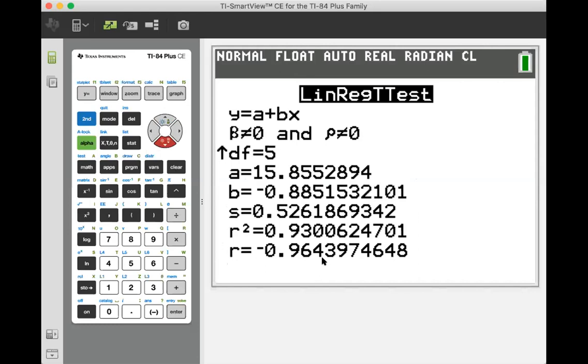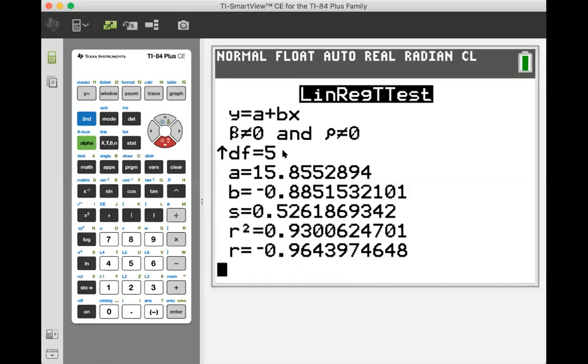Therefore, we reject H0 for this reason as well. So we're going to reject it whether we use the p-value approach or the absolute value of r compared to that Table 6 critical value with n of 7.